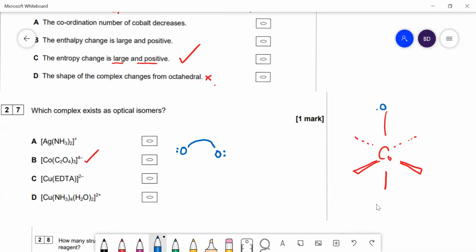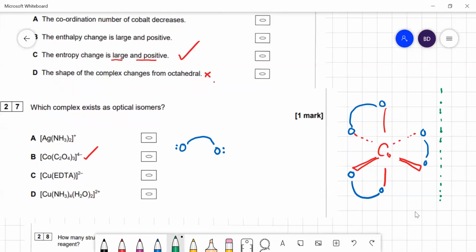Right, so you're going to have 1 there, and 1 there, and you can have 1 there. If you imagine a mirror here, the mirror image of that, you can't superimpose it on that. So it exists as 2 optical isomers, non-superimposable mirror images. You've really got to just know that one. Okay.